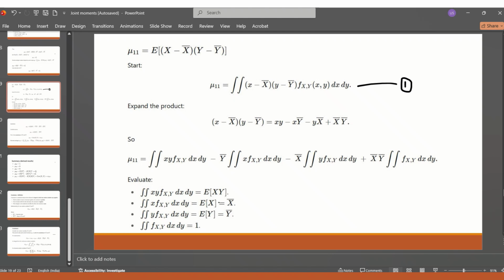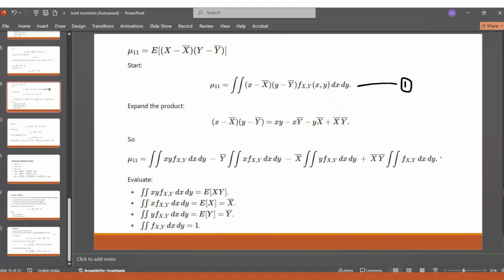From this, the double integral of xy with its joint density function gives the expectation of xy. The double integral of x along with its joint density function gives the mean of x, and for y we get the mean of y. This is the area under the joint density curve, which is equal to 1.